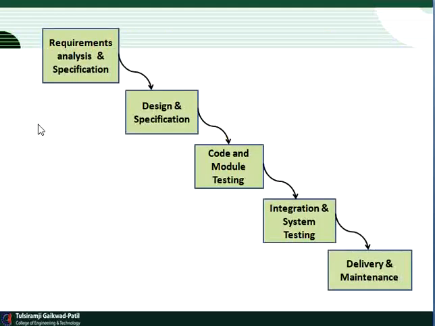The first phase of the software development life cycle is requirement analysis and specification. In this first phase we gather and note down all the requirements of the customer. This is the requirement gathering phase. After that we turn to design and specification.